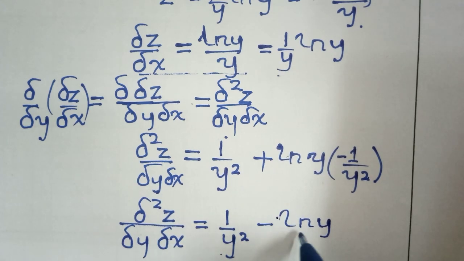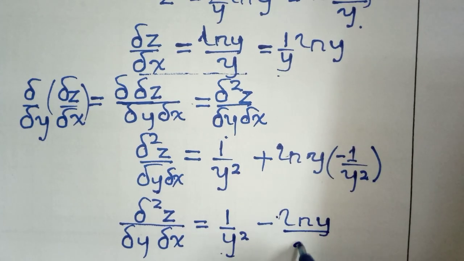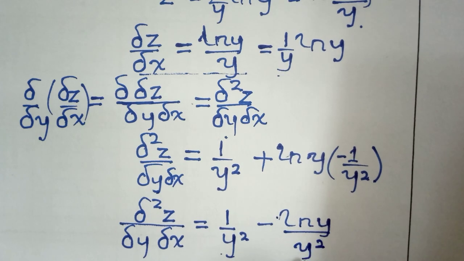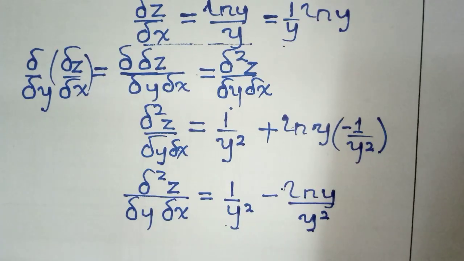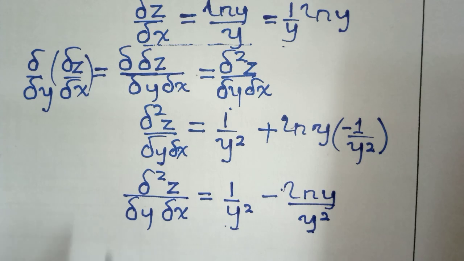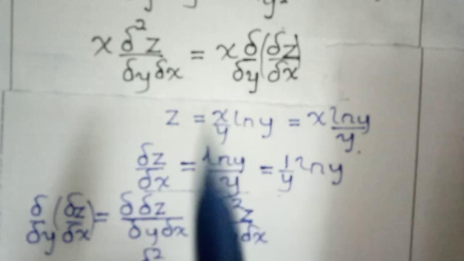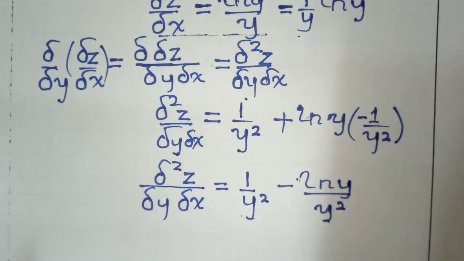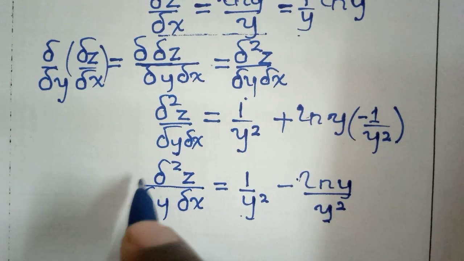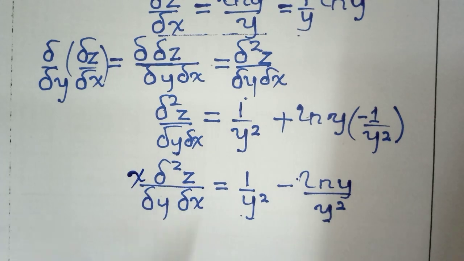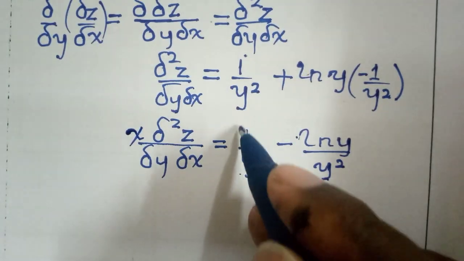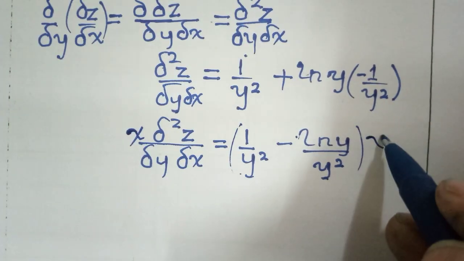This is 1 over y squared. So what now, guys, we remain with is just to multiply by now the x. This is our x now, what we are going to multiply with. So we multiply this side with the x, then even this other side, we will still multiply by x.